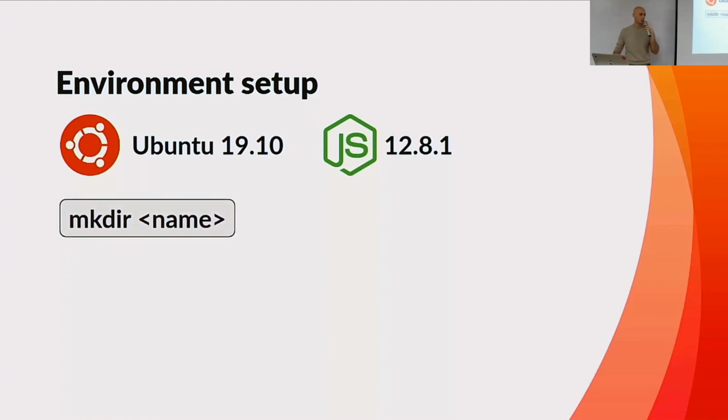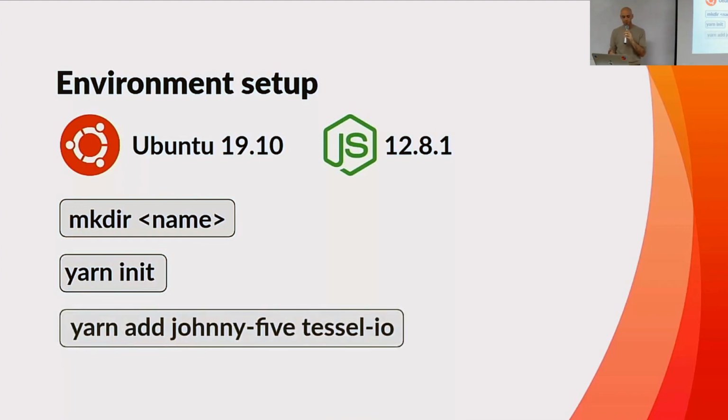And so if you want to start a new project, let's create a new directory, name it whatever you want. Then you have to start the project itself, so run yarn init, or if you prefer, npm init, and fill out all the information. Following that, we have to add the dependencies, in this case Johnny 5 and the Tessel IO.